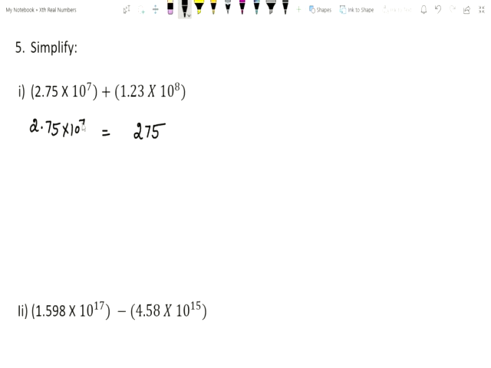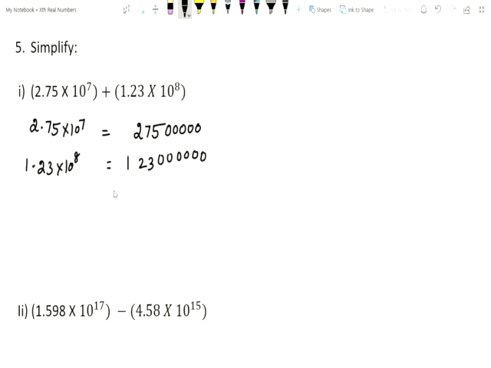Here the power is 7 and 2 digits are already there, so for the remaining 5 digits you should add 0. Next, 1.23 into 10 power 8. Here 1, 2, 3, 2 digits are already there, so you should add 6 zeros: 1, 2, 3, 4, 5, 6.